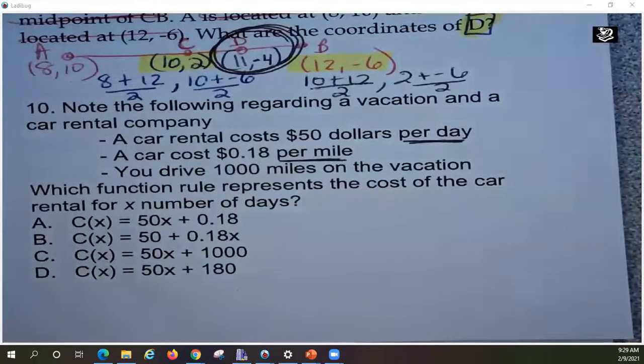Anybody know which one's going to get the X? It's per day, but why? Why is it per day? Why is the 50 going to get the X? Why am I putting the X with the day? Yeah, Liam?